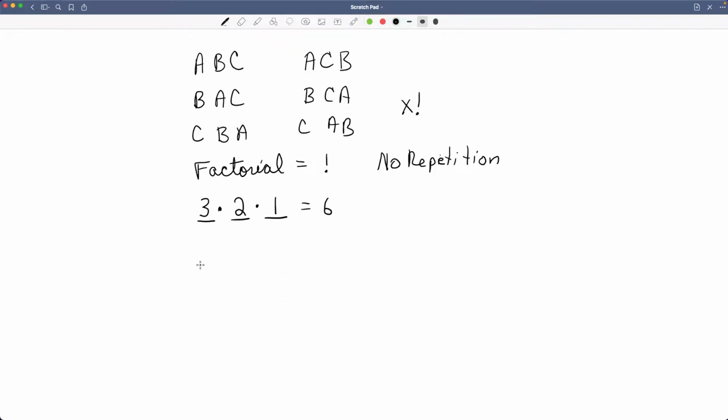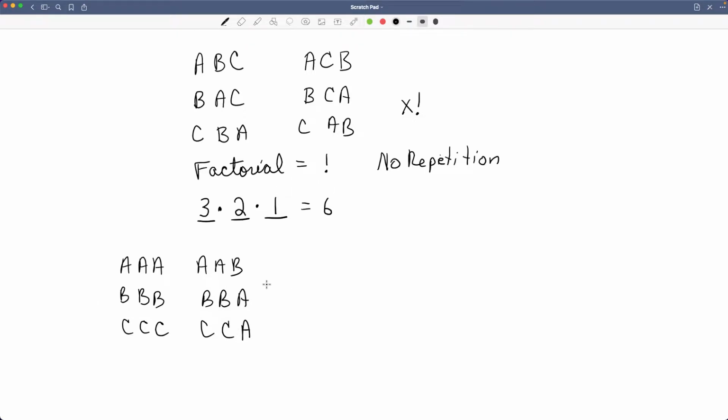So for instance, if I could duplicate the letters A, B, and C, I could get A, I could get B, I could get C, and on and on, just changing one letter at a time, right?